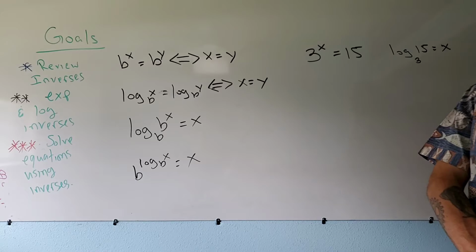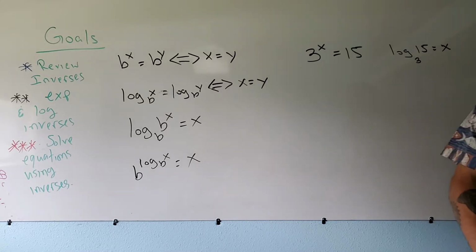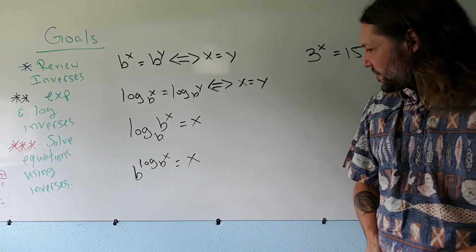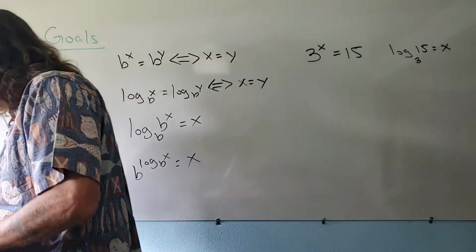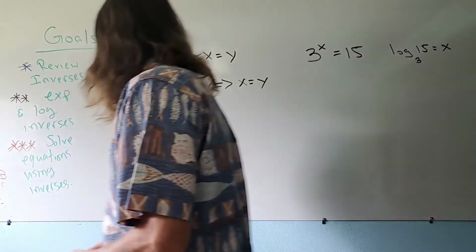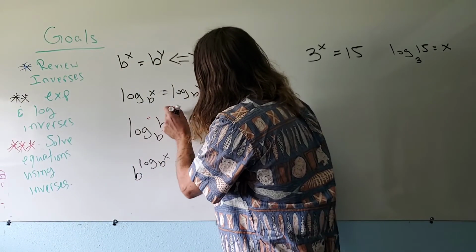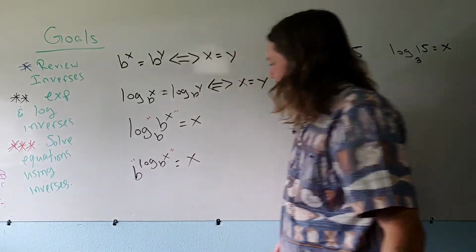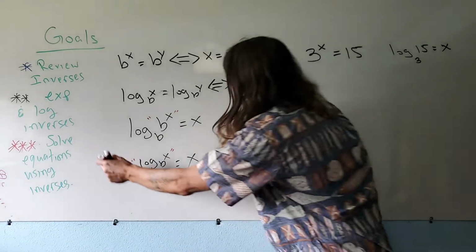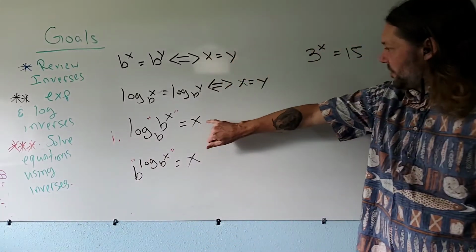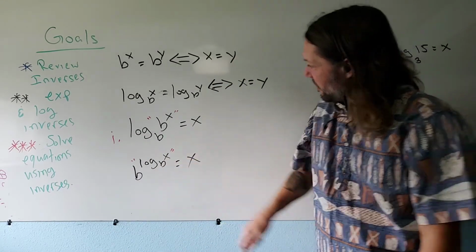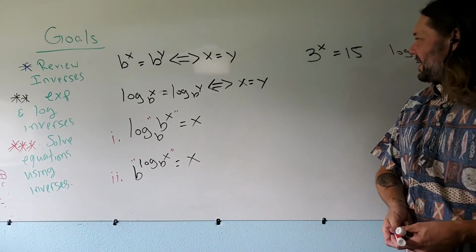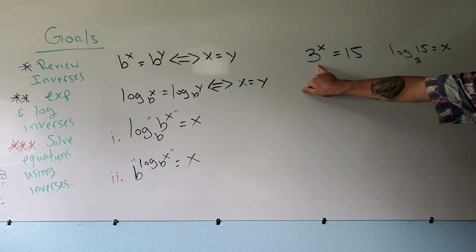What you need to figure out in order to solve it using what we created today is, are you starting out with an equation that has an exponential, or are you starting out with an equation that has a log? If your equation starts out with an exponential, you are using this. If your equation starts out with a log, you are using that.